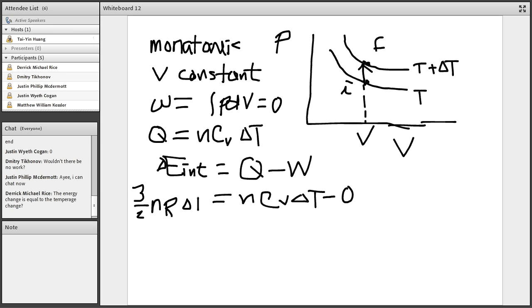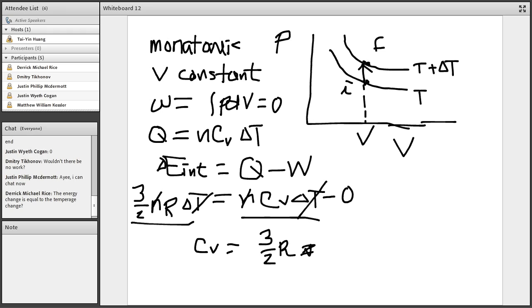So you can see this has to be equal to that. And then they all have the delta T, so that gets cancelled. They all have the number of moles, so that gets cancelled. So what we have now is that your CV, specific heat at constant volume, equals 3 halves R. And we know the R value, which is the gas constant.